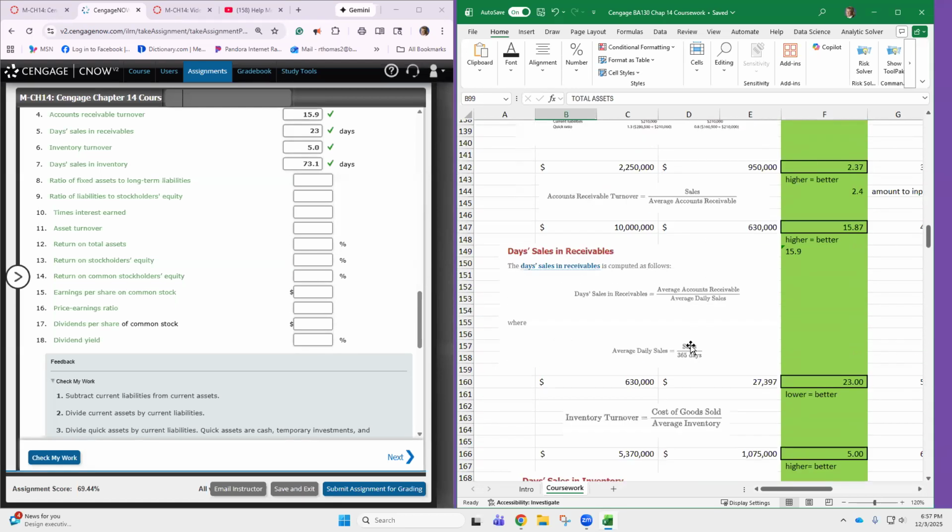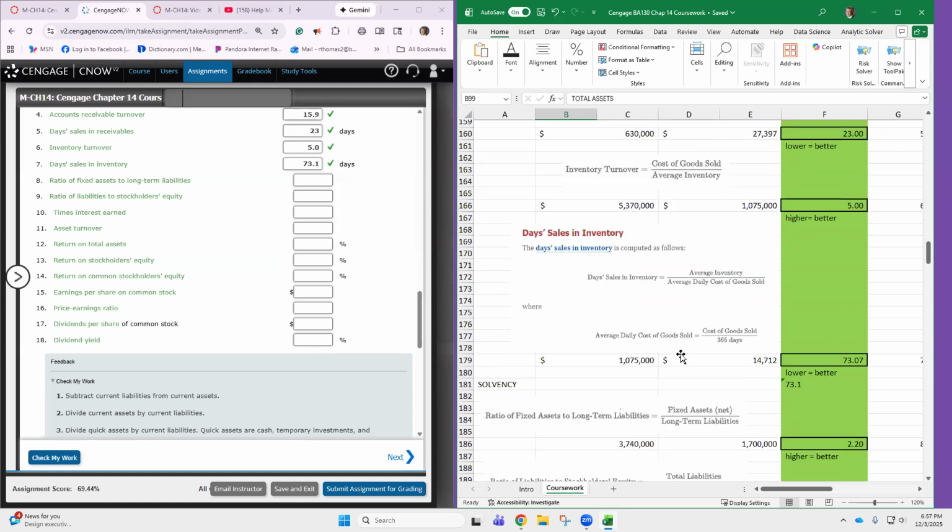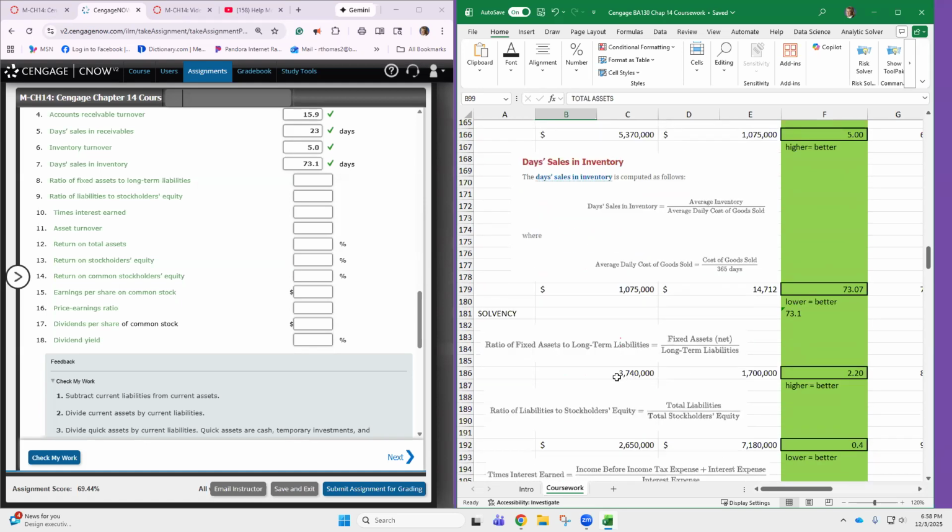Okay, back down here. Once again, this is solvency. So we're going to take the amount from year 2, so year 2's fixed assets value divided by long-term liabilities, and you get 2.20.